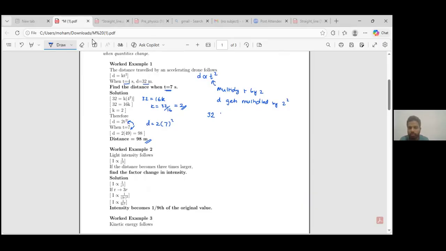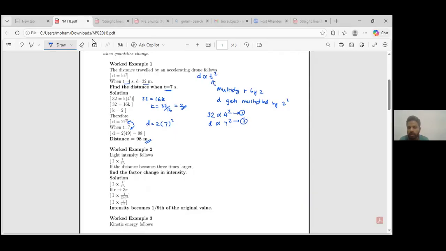So 32 is proportional to 4 squared. Then they're asking us to find the d value for 7, so 7 squared. So 32 is proportional to 4 squared and d is proportional to 7 squared. These are the two equations.